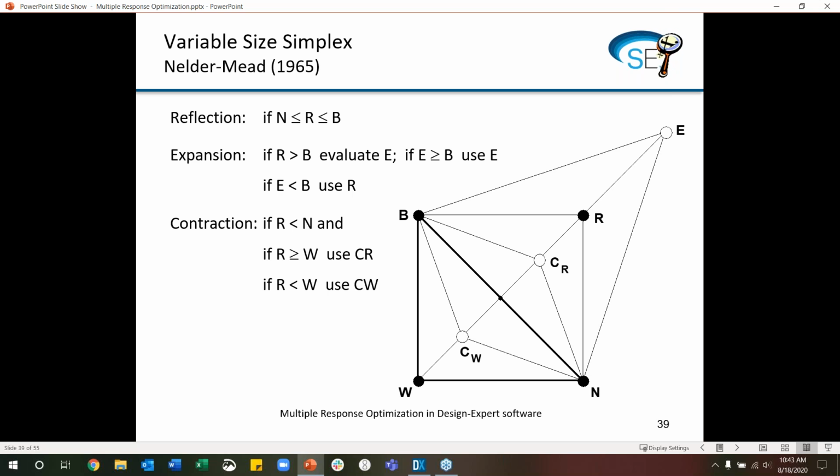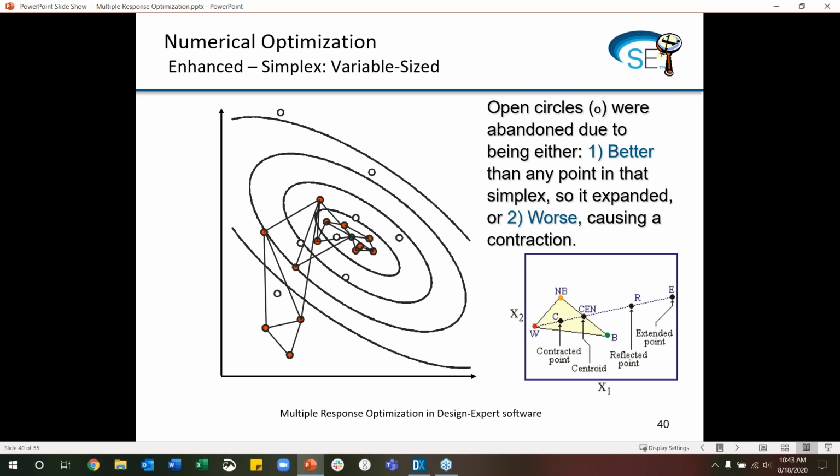How fun is that? Okay, here's what the slide looks like then. If you apply that enhanced variable sized simplex method onto that same contour plot, you can see that we expand and we expand and we contract a little bit, and we really hone in on the exact optimum.